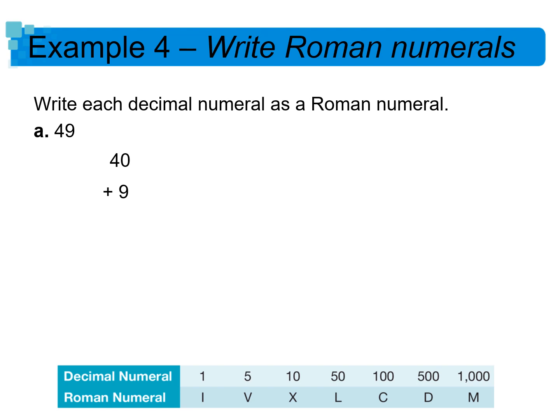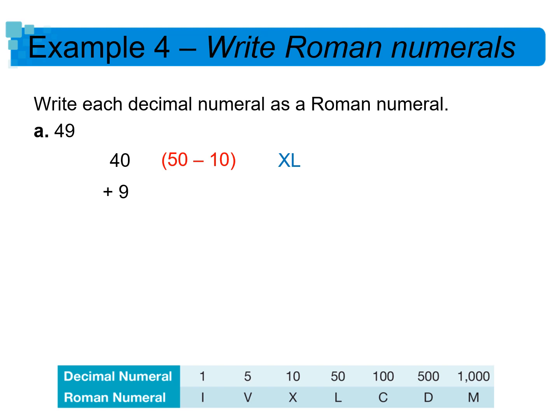9. All right, so now let's think about how we are going to get 40. To get 40, I am going to have to take 50 and subtract 10. So 50 is my L, and then I'm going to subtract 10, so that would be XL.